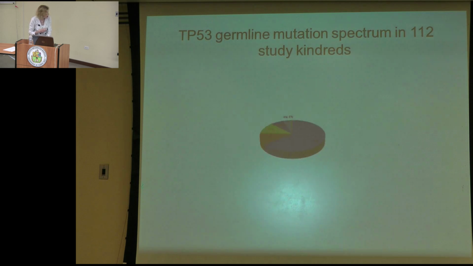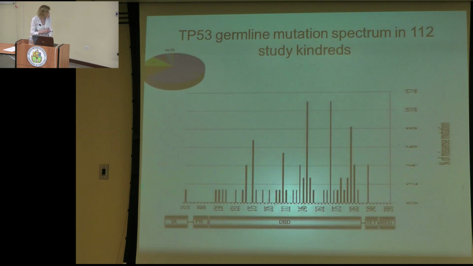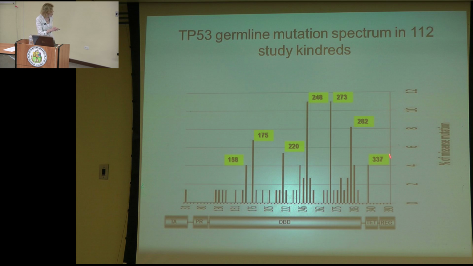When we then look at the specific amino acids, what we actually see are the same amino acids, with one exception, that were shown in the tumors. These four here are among the most common in tumors and also the most common in germline mutations as well.